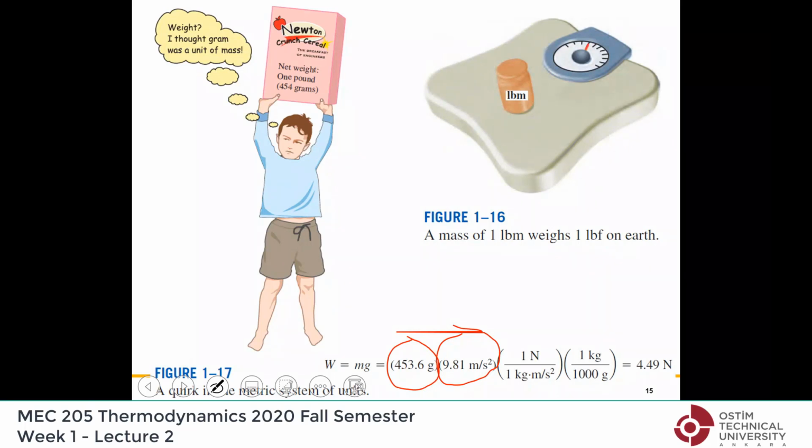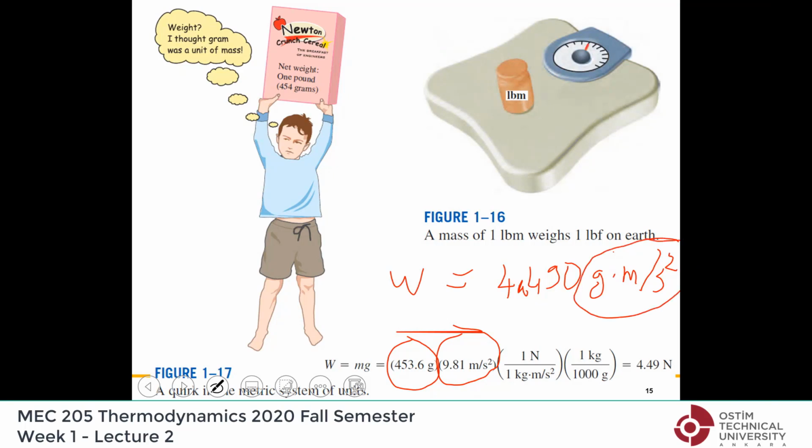The result is 4,490 gram meter per second square. We never use such a unit for weight, right? How much do you weigh? You say that many kilogram, what we mean is a kilogram force. Gram meter per second square, we don't do that. So we need obviously a conversion.